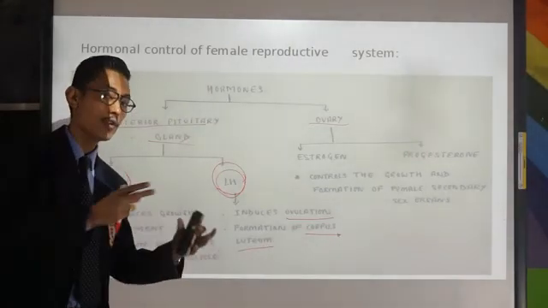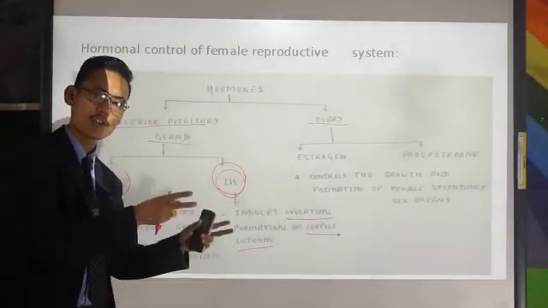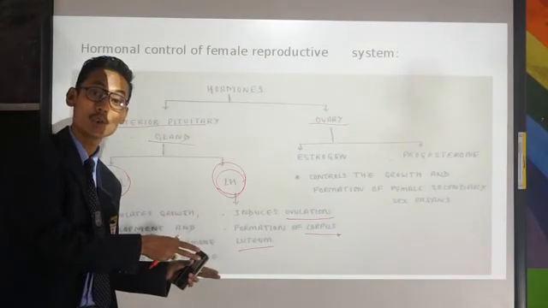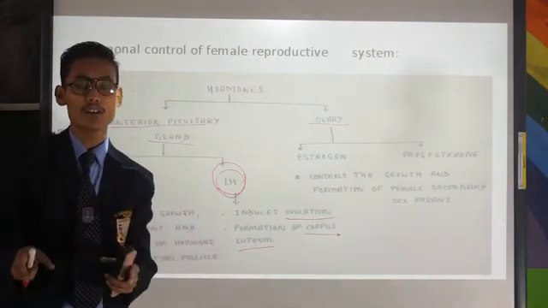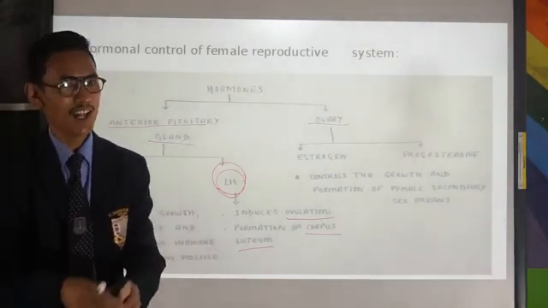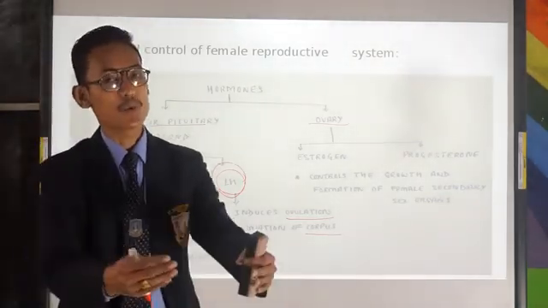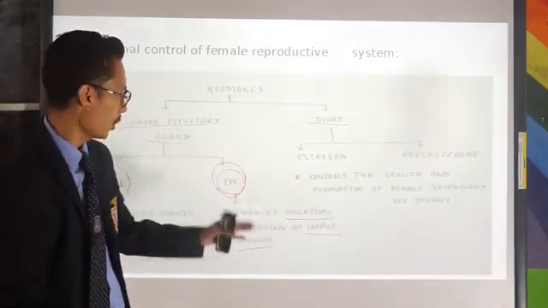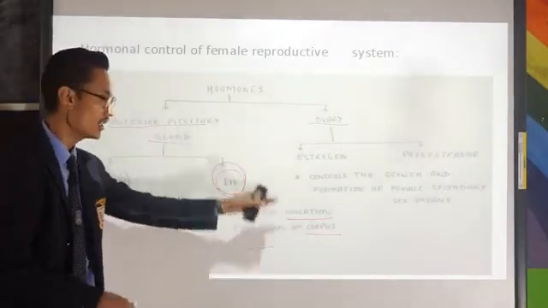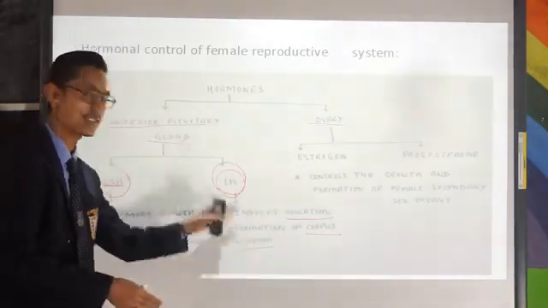Remember that after ovulation, the ruptured Graafian follicle will change into a yellow mass called corpus luteum. And that corpus luteum will also produce the hormone called progesterone. So LH induces ovulation and helps in the formation of corpus luteum.